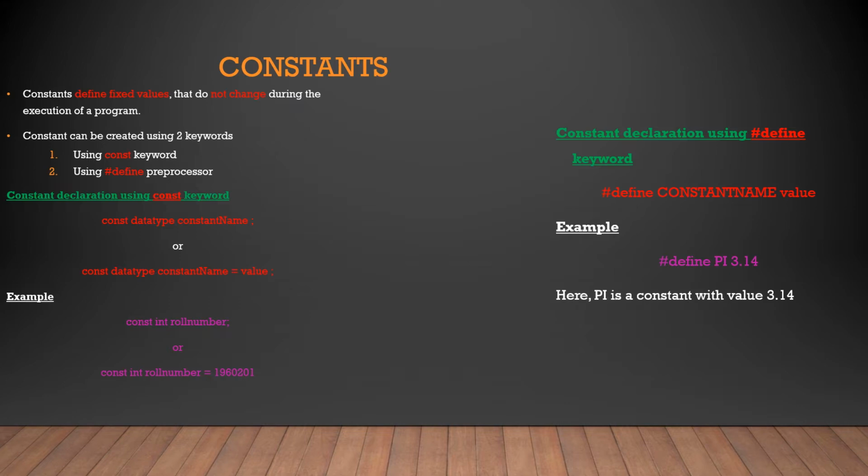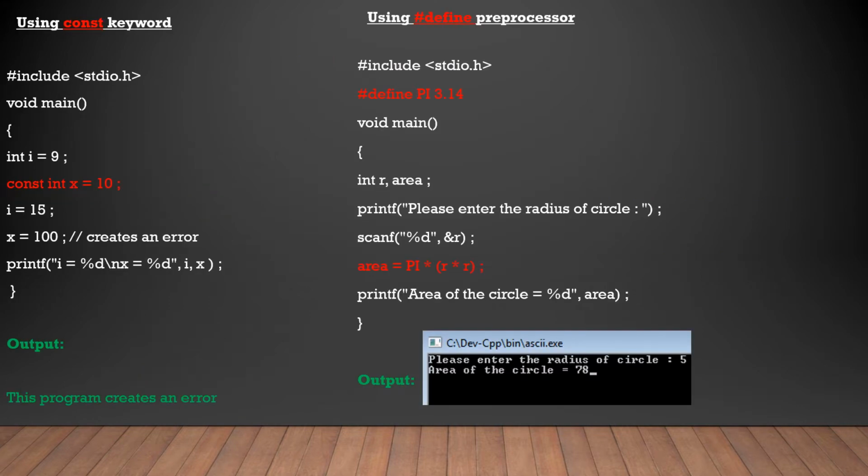So you are declaring the constant variable PI as 3.14. Here the value of PI remains 3.14 throughout the program. So you can declare in this way. One is by using the const keyword and another is by using the preprocessor #define, constant name followed by value. This is the way we can declare a constant variable.